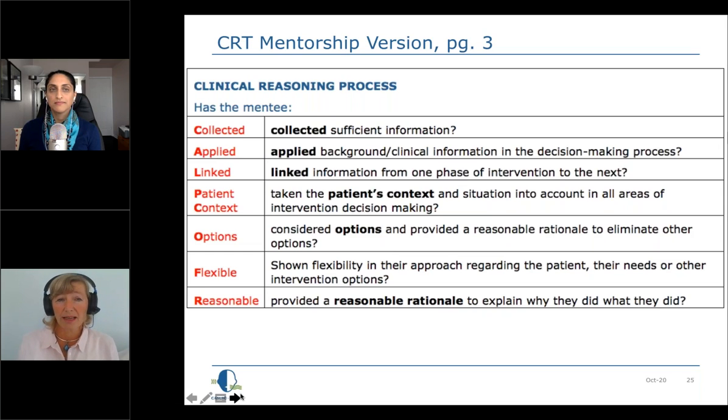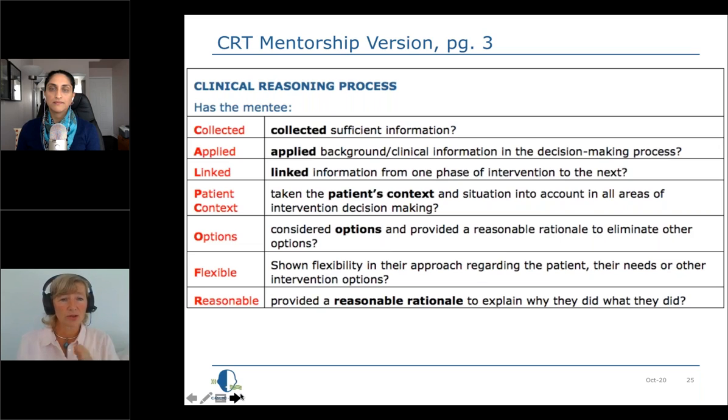Is the mentee applying that background information or clinical information in their decision-making process? Are they linking that information from one phase of intervention to the next? So it would be fine collecting all that information, but if you then don't use that information to help inform your assessments or your intervention, your treatment, and discharge planning, then it all needs to be linked in together.